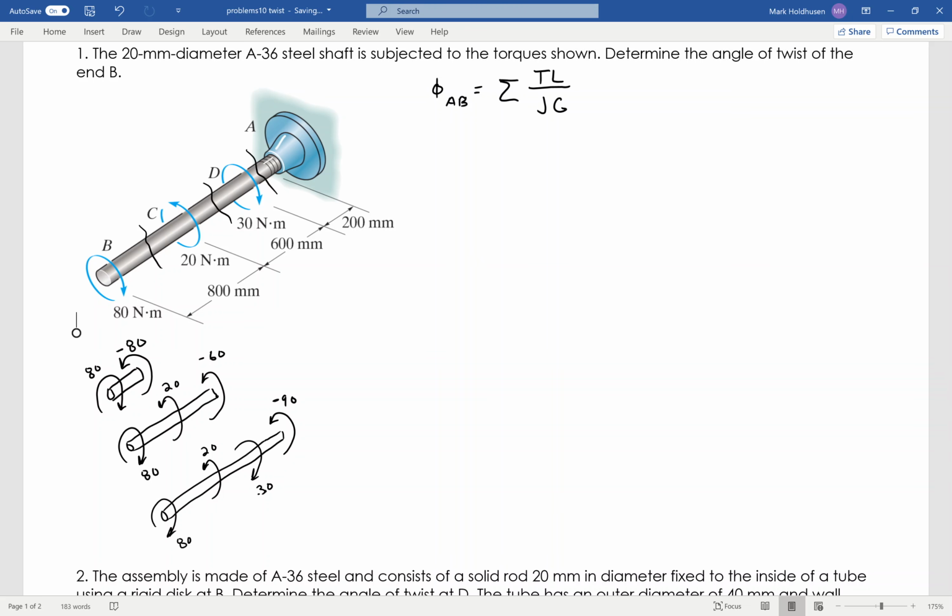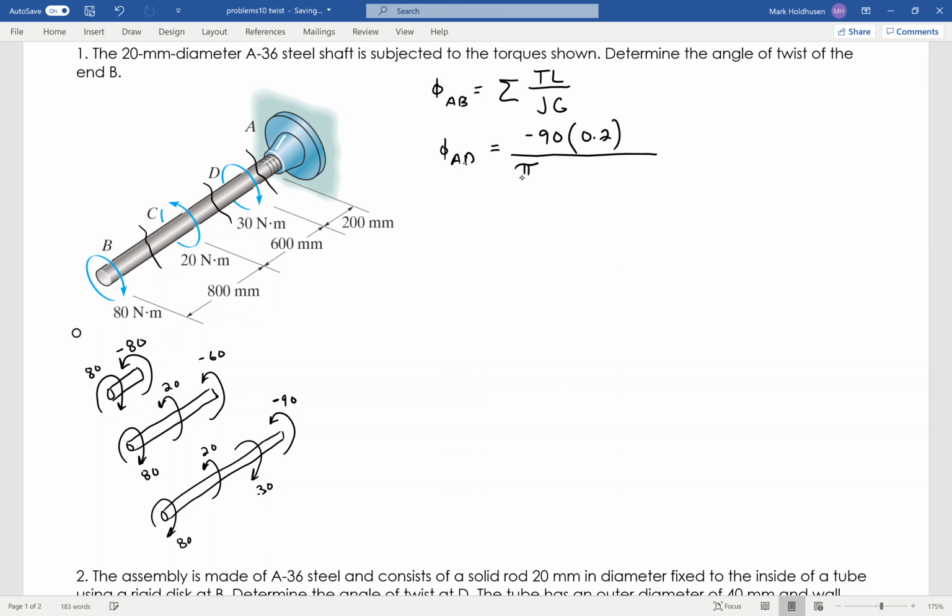Now I'll start by going from A to D, that first section, which is going to be negative 90, which is what I have for my torque, times the length. This section is 0.2 meters, 200 millimeters. J is the polar moment of inertia.